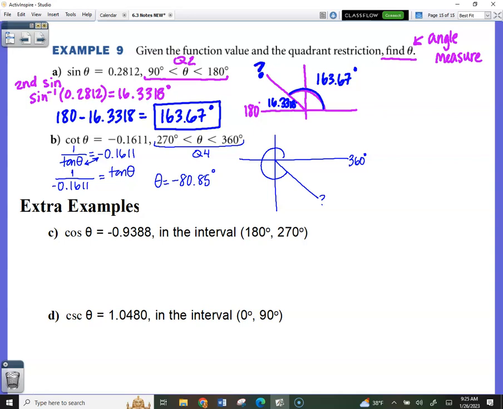So think about it. If it was negative 80.85, then what would that positive angle be right there? How do I get it? Just do the 360 and then subtract off the 80.85, and it's going to land you at 279.15, and that's the answer.